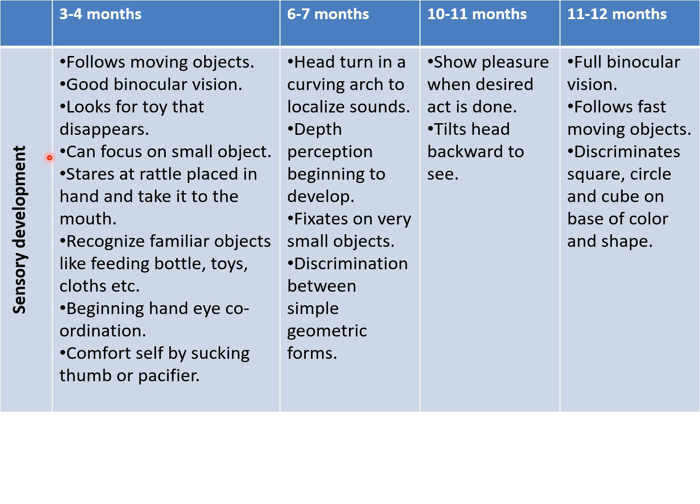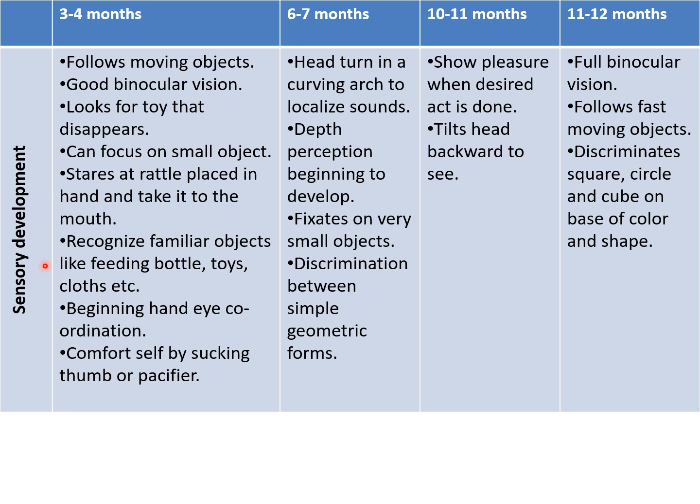So even if we show a very small thing in front of the child, they can focus on that. Stares at a rattle placed in hand and takes it to the mouth. So they will be staring at the rattle, and whatever things we give in hand, the child will be taking to the mouth. So that is sensory development.